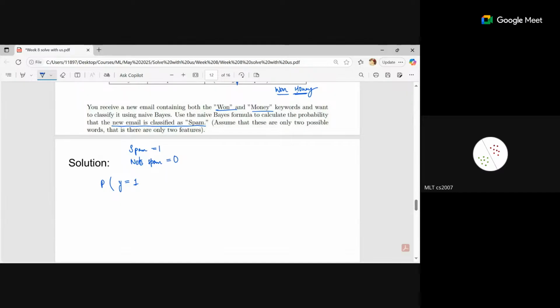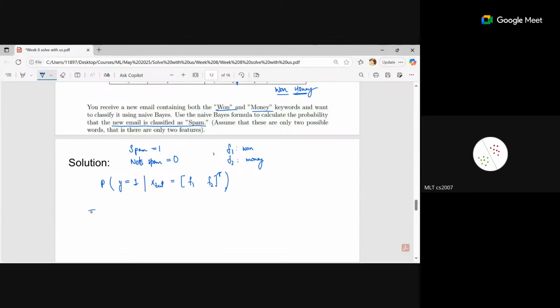So probability y is equal to 1 given my x test, which is word one and money. I can instead write this as feature 1, feature 2, transpose. Feature 1 I have taken as one and feature 2 I have taken as money. So we have to find this probability.